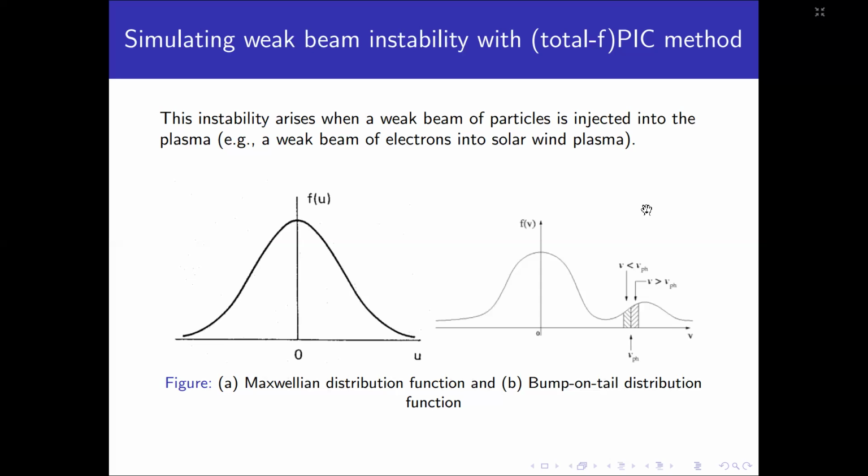In other words, we have more electrons in this region, okay? So basically, the instability arises because of the change in the slope of the distribution function in velocity space in this region. So what we do with particle-in-cell is try to sample this distribution function with particles, in order to simulate what happens with this problem.